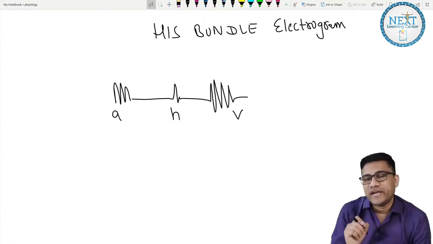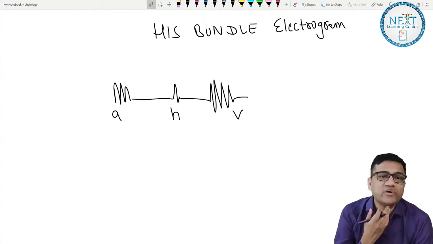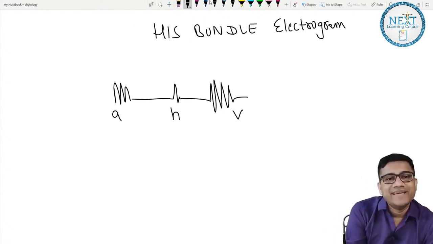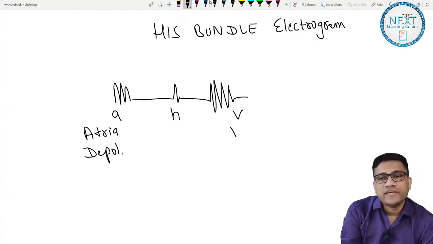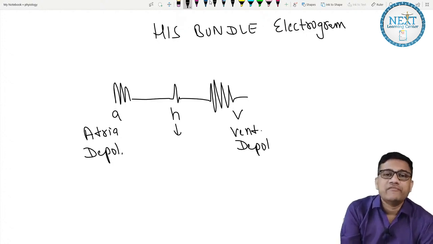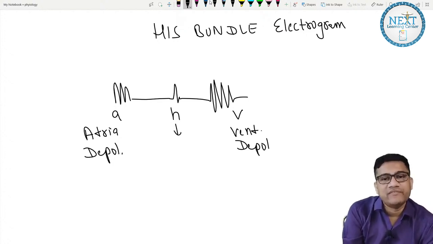A, H and V. A is basically atria depolarization. V is ventricular depolarization, and H is bundle of His depolarization.